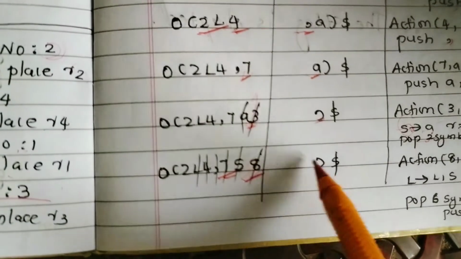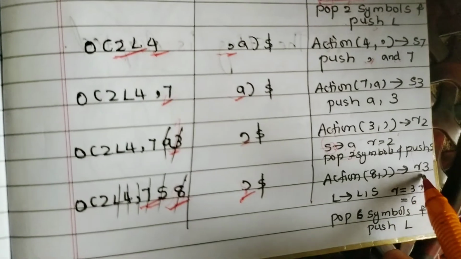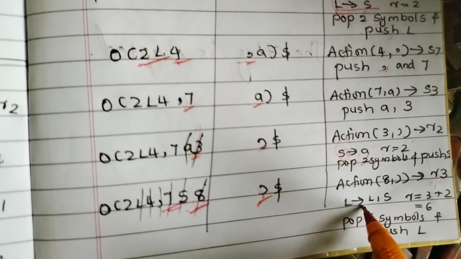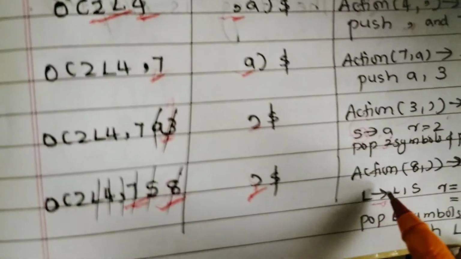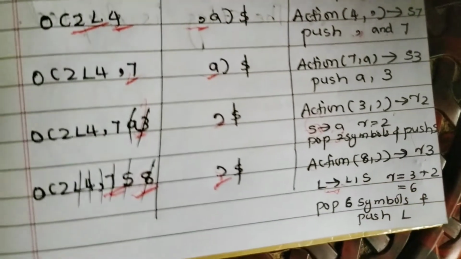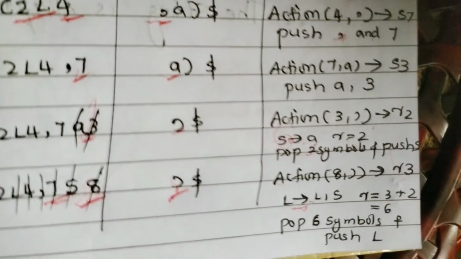Now you are seeing 8 and closing bracket. Action 8 closing bracket is a reduction, again R3. So you have to look at the third production, that is L tends to L comma S. See friends, you could see that here the number of tokens is 3. L comma S. So R is equal to number of tokens into 2, that is 3 into 2, which gives you 6.